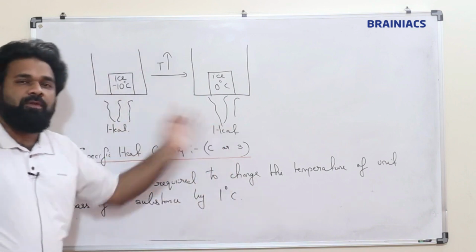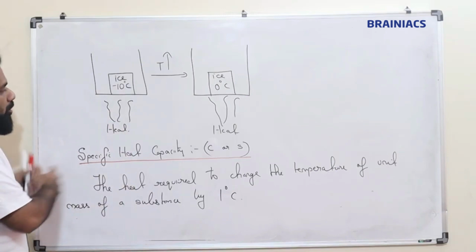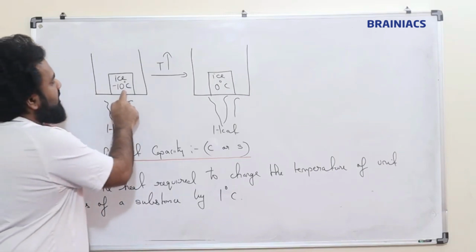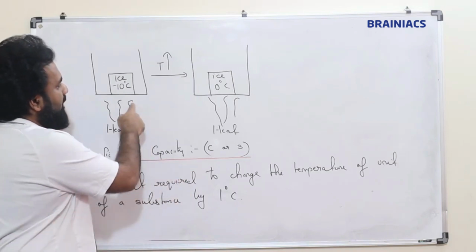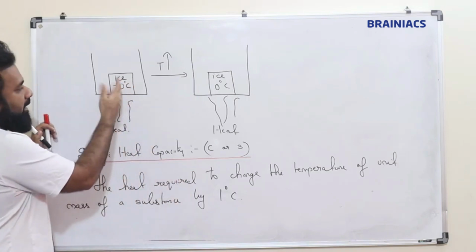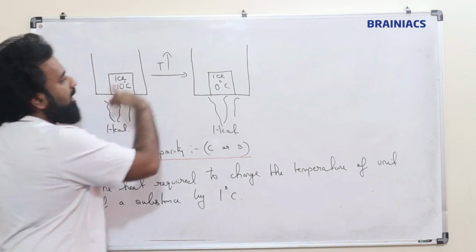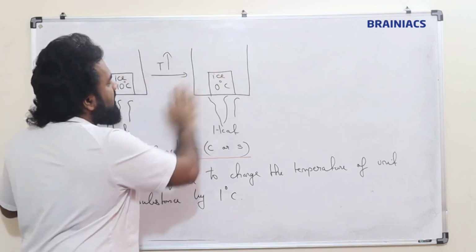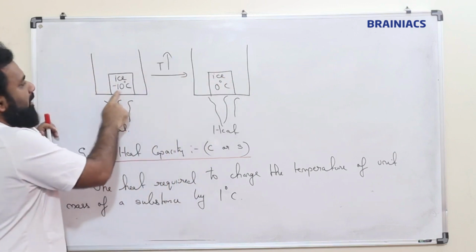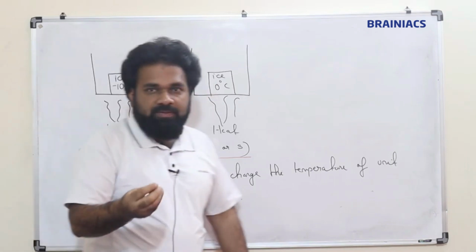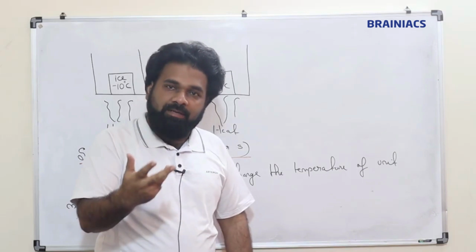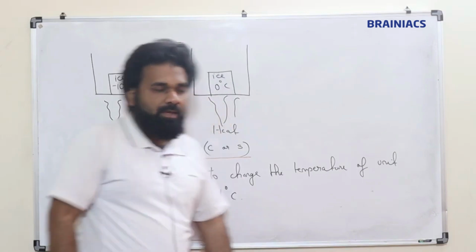Just now we are moving with the introduction. So that much heat will be taken by this ice and it will convert into ice at 0 degree Celsius. Here the change in temperature I have taken is 10. For 5 degrees Celsius, that much heat. For 10 degrees Celsius, that much heat. Likewise.